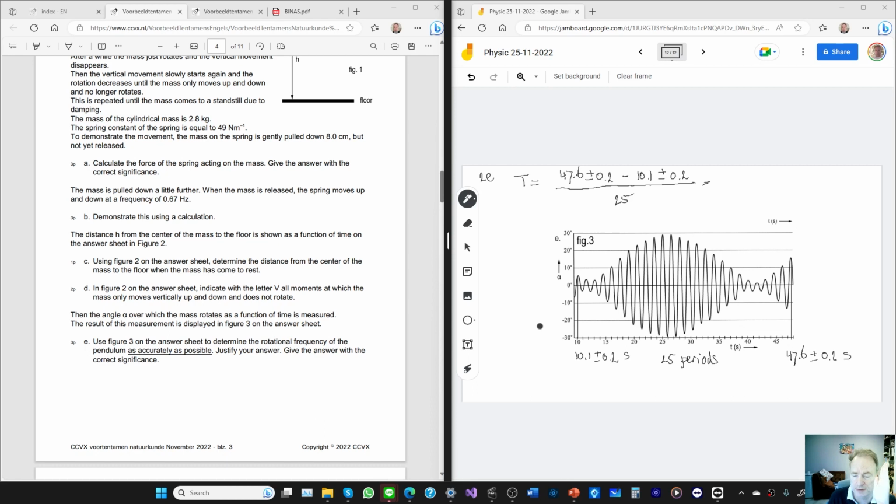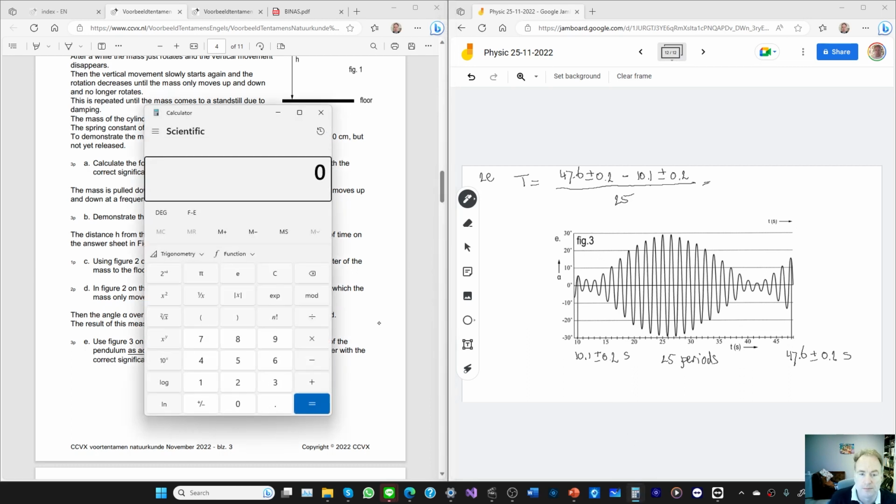I do a cut here, I do a cut. 47.6 minus 10.1 divided by 25. And this is an integer number of waves, so there's no error in this.